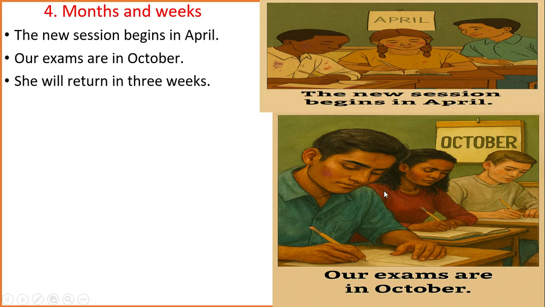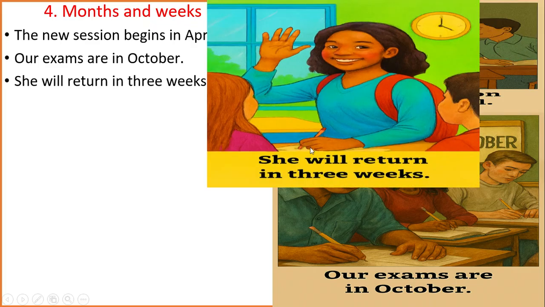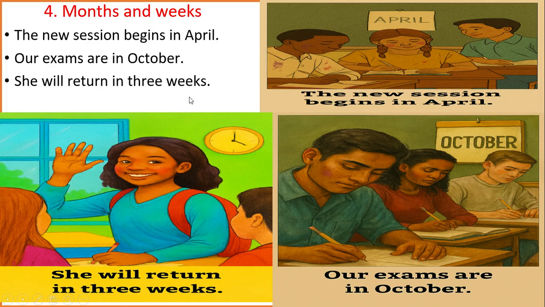These students are planning for an examination, and the examination is going to be conducted in October. Now, she will return in 3 weeks. So with months and weeks, we can use the preposition in.